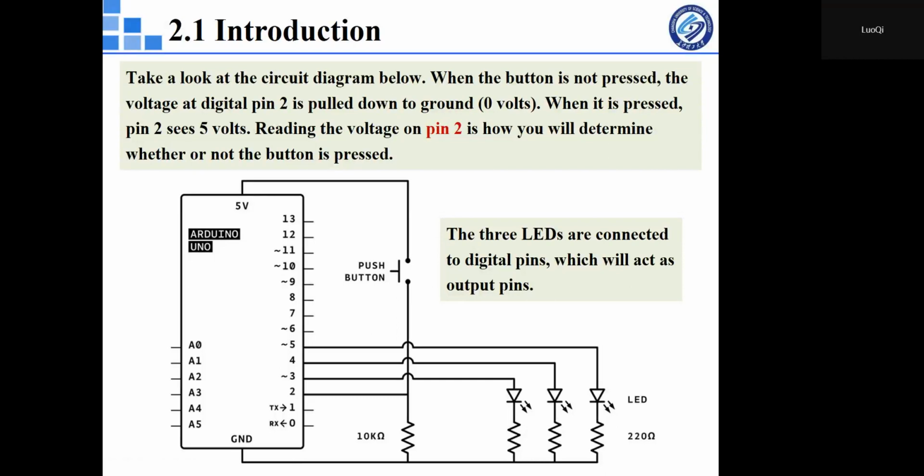Reading the voltage on pin 2 is how you will determine whether or not the button is pressed. The three LEDs are connected to digital pins, which will act as output pins: pins 3, 4, and 5.